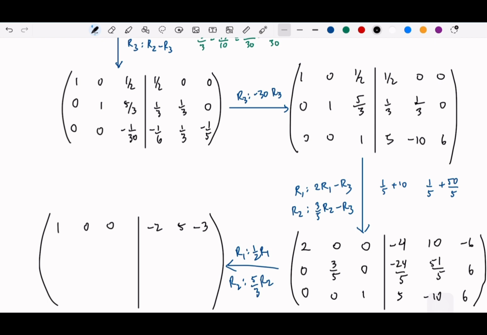And this will be 0, 1, 0. 24 divided by 3 is 8, right? 8. 51 divided by 3. It should be what? I lost in my computation. 17. Oh, 17. Okay.